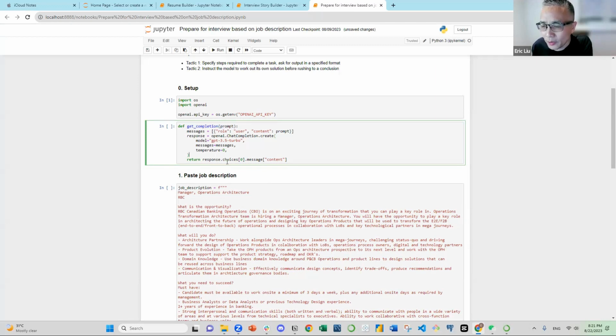And then this will return the completion, and a few parameters. The messages you can specify the structure. So the role is user, and then the content is the prompt, okay? And then the response. So you're going to call the OpenAI library, and then this particular function.